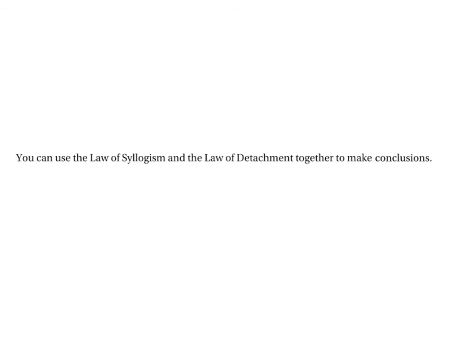Okay, this is where it becomes cool and more complex and fun. You have the law of syllogism, which will say if you have two conditional statements where the conclusion of one is the hypothesis of the other, you can write a new conditional statement combining them. And the law of detachment says that if you have a conditional statement and you know the hypothesis is true, then you can determine the conclusion is true.